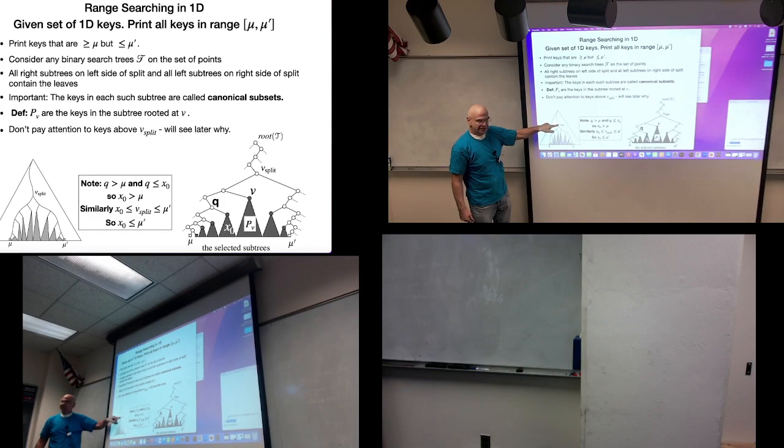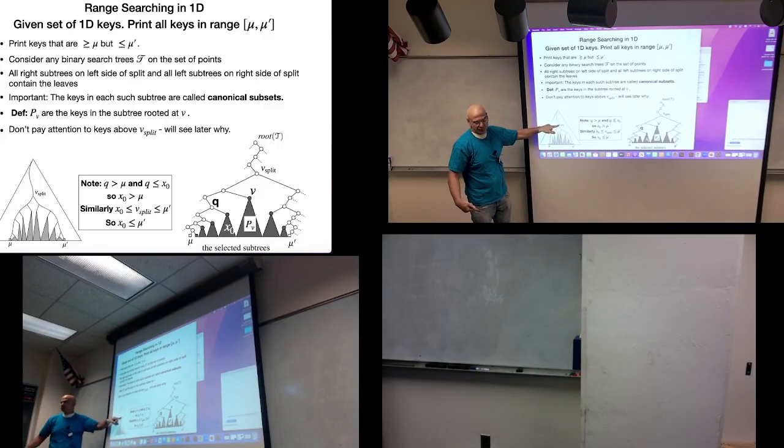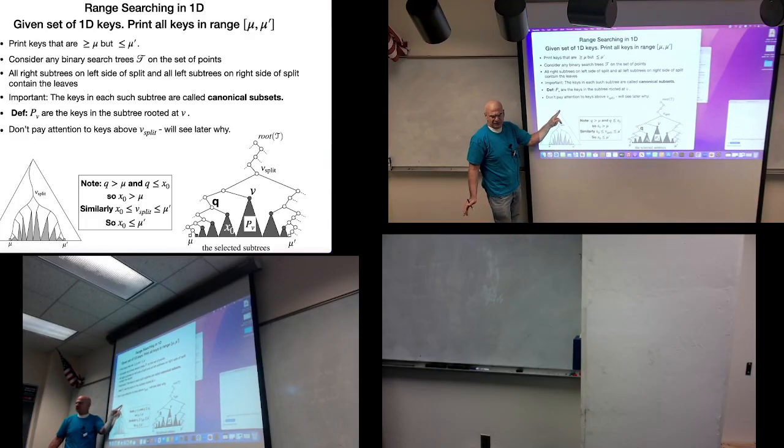And both when I go for mu and mu prime, my path at the beginning maybe goes together, until there is some node where these two paths split. Makes sense, right? This node where the two paths split might be the root. That's fine. It might be the root.